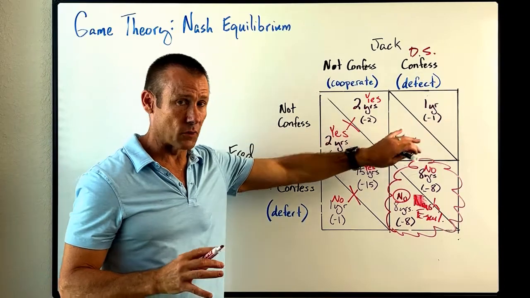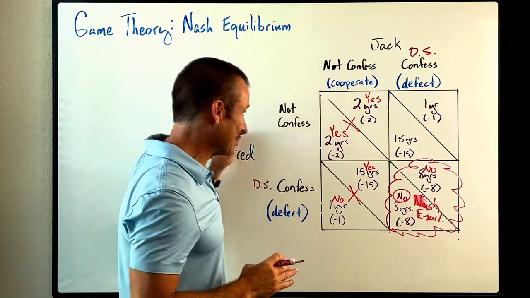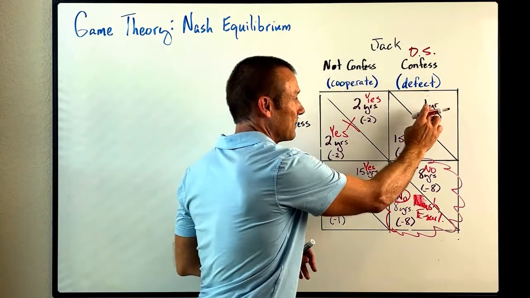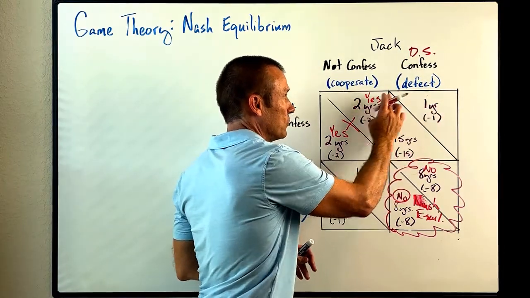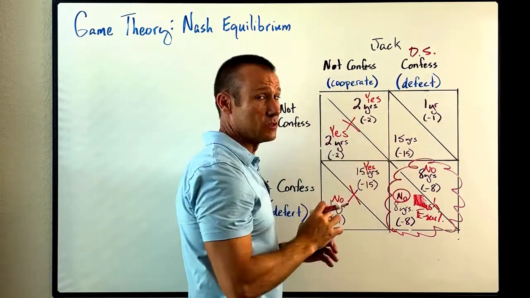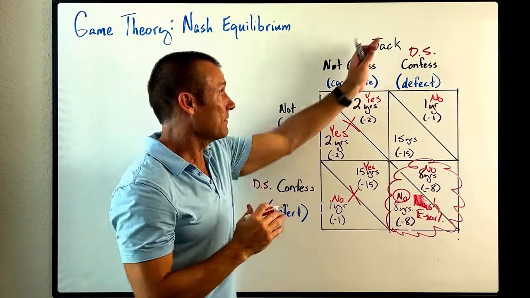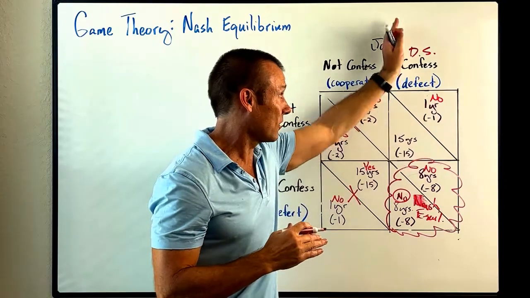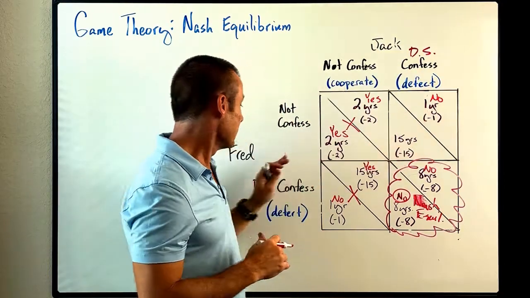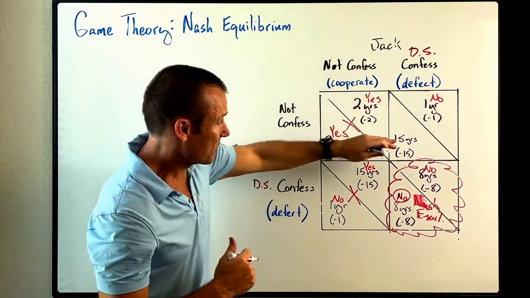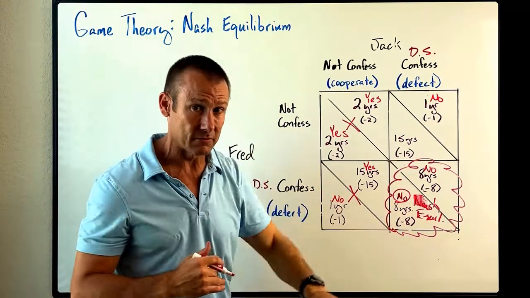Final outcome, okay? Given that Fred played not confess to get to this outcome, does Jack have an incentive to switch from 1 year to 2 years, from confess to not confess? No, he does not. Given that Jack played confess to get here, does Fred have an incentive to change from not confess to confess, from 15 to 8 years?